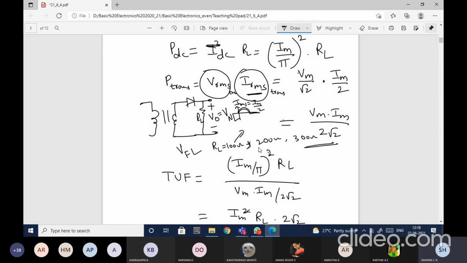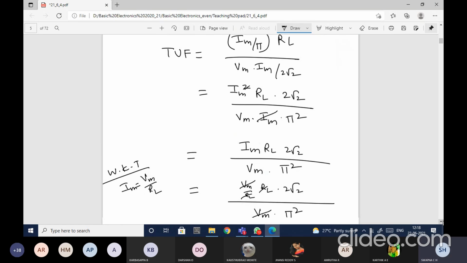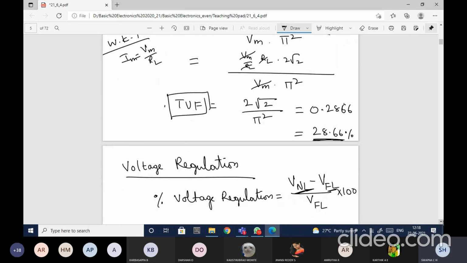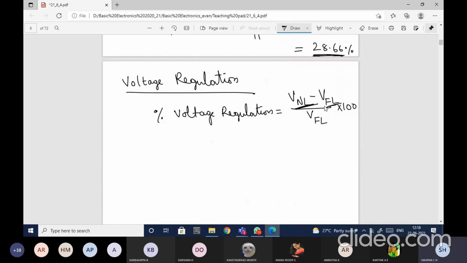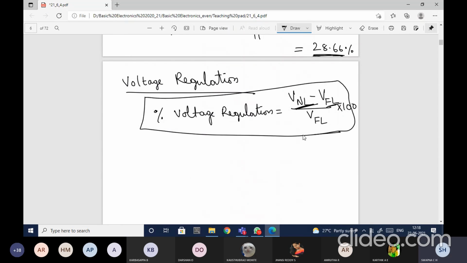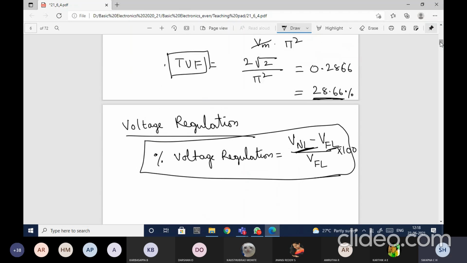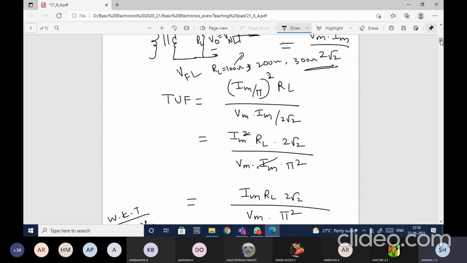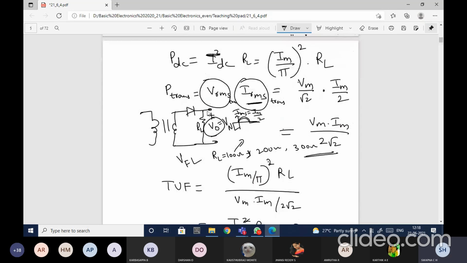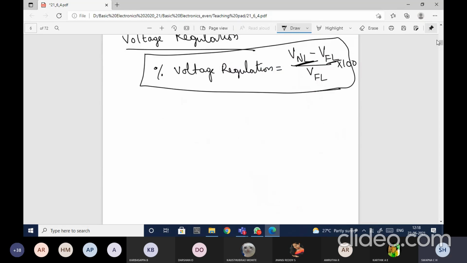So V no load minus V full load by V full load will give the voltage regulation, and it will tell us how the output voltage is varying from no load to full load. The general logic, as everybody knows, is that as the resistance value increases, the voltage value will decrease. So that is how we calculate voltage regulation when we do it practically in our lab. So this is all related to the voltage regulation.